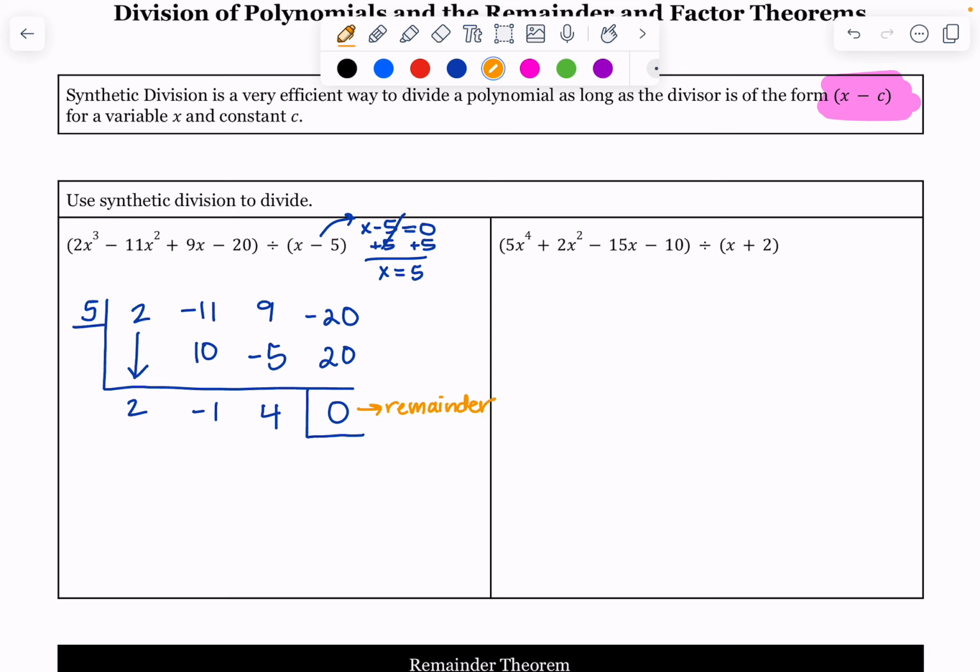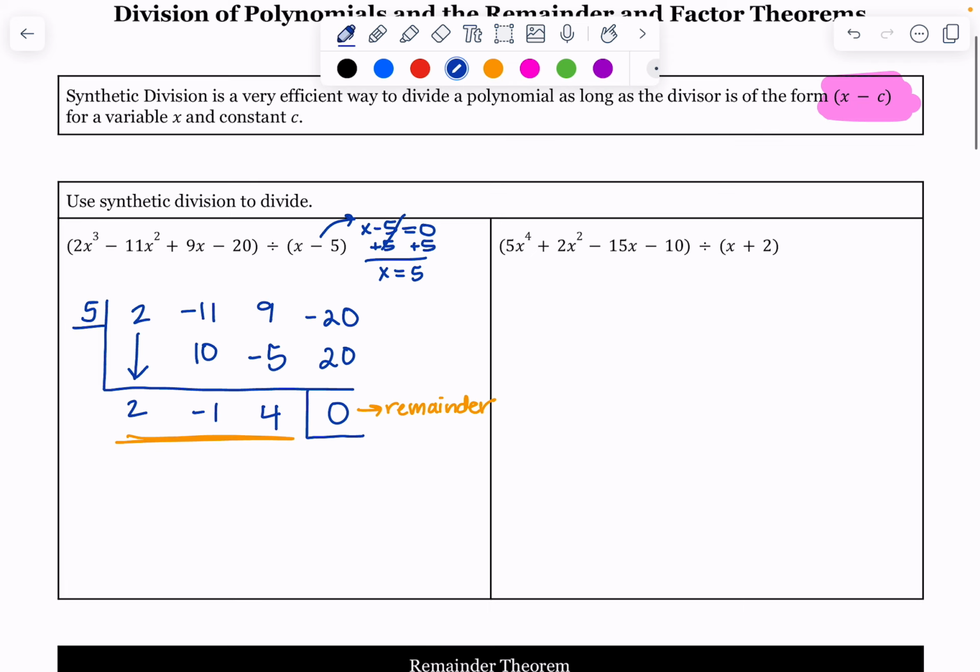Okay, so if we want to go back and answer our question, it says use synthetic division to divide. This 2, negative 1, and 4 is going to be our solution. However, we need to go back and put variables back in. And if you notice here, we were given x cubed and we divided out an x. So when we divide out an x, we're going to be left with x squared from x cubed.